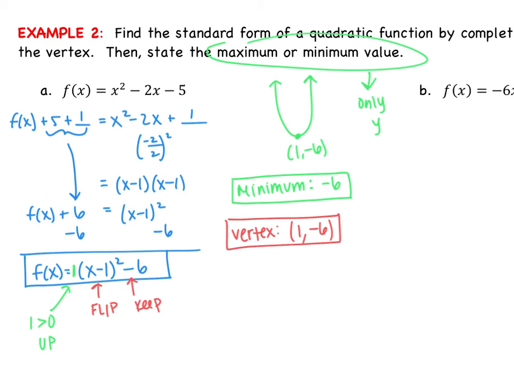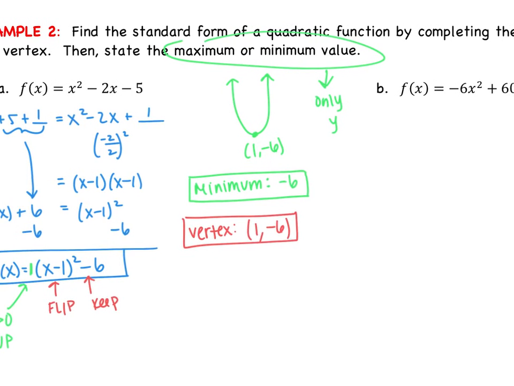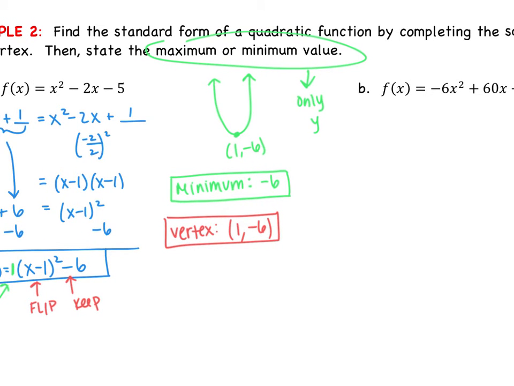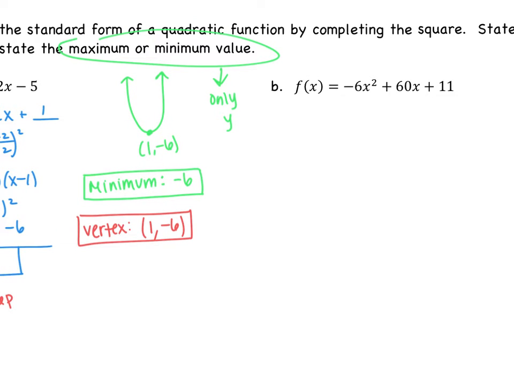As we look at B, how is the equation in B different than the equation in A? It's not 1x squared. That's a really big deal. It's a really big deal that we have this negative 6x squared. That being said, we're going to start out the same way.